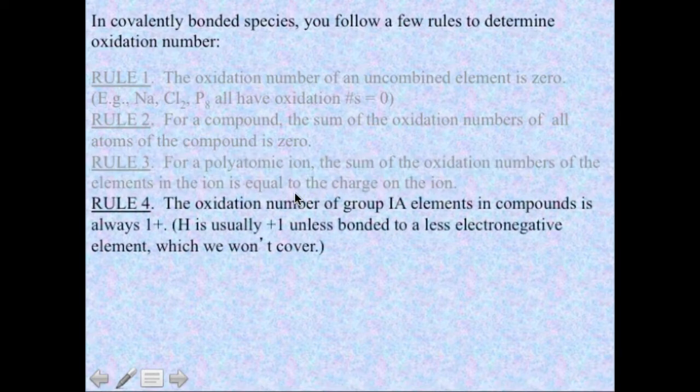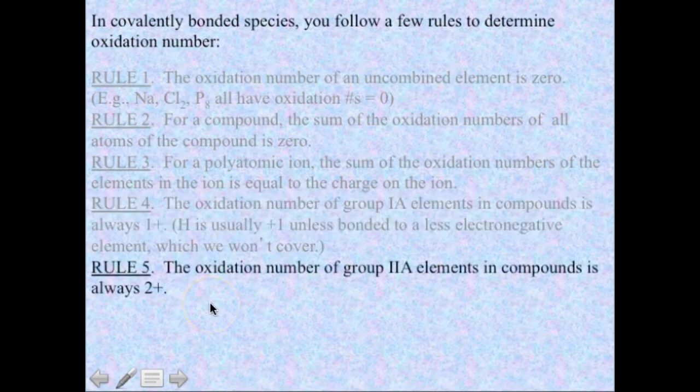Rule 4, the oxidation number of group 1 elements is always going to be +1. Sodium, lithium, potassium, etc. Hydrogen is usually +1 unless bonded to a less electronegative element, but we're not going to cover that in this course.